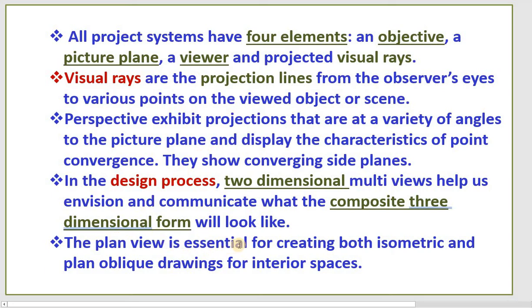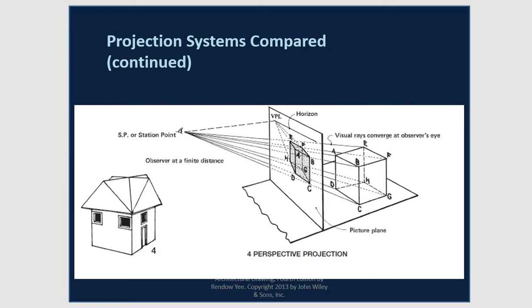The plan view is essential to create both isometric and plan oblique drawings for the interior space. Many plan views are very essential so you can create the isometric like you see before and the oblique drawing for interior space. This is one example. For the one, they have a definition. When you stay here, this is the station point or the standing point.